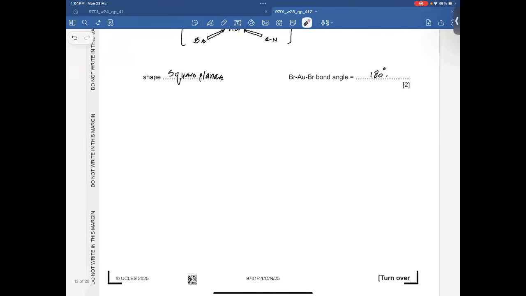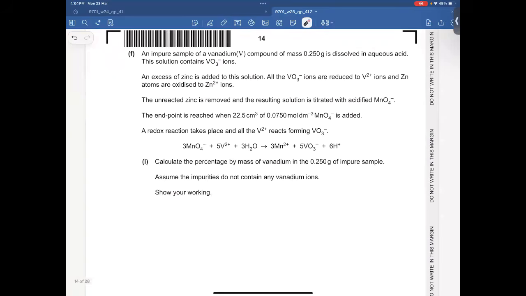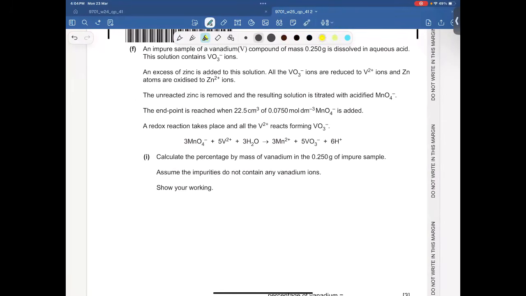Okay. An impure sample of a vanadium(V) compound of mass 0.25 gram is dissolved in aqueous acid. This solution contained VO3- ions. Excess of zinc is added to this solution. All the VO3- ions are reduced to V2+ ions. That's called a successive reduction process.